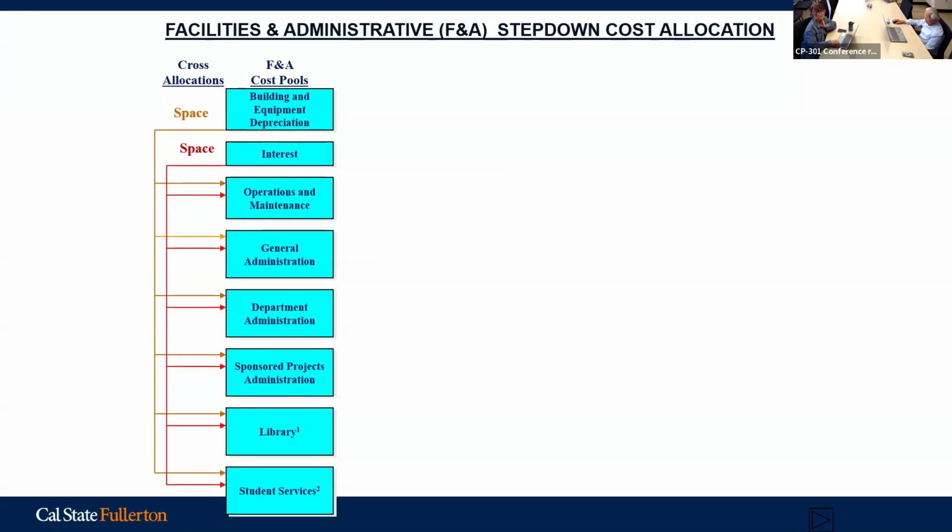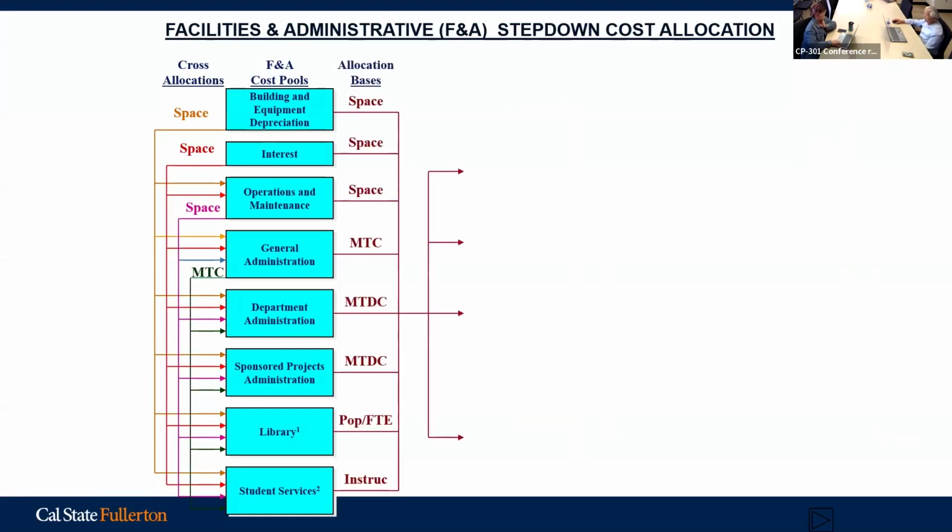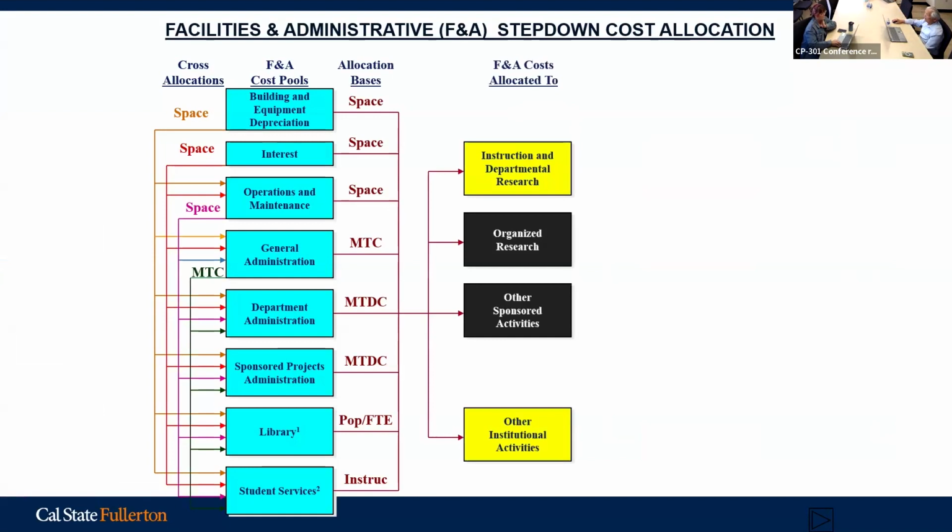And then for the other ones, general administration, departmental, sponsor, all these are allocated based on what we call the modified total cost, based on cost rather than space. Once you allocate that, there are 4 functions that the federal government recognizes. One is instructional function. The other one is called organized research, meaning sponsor research.